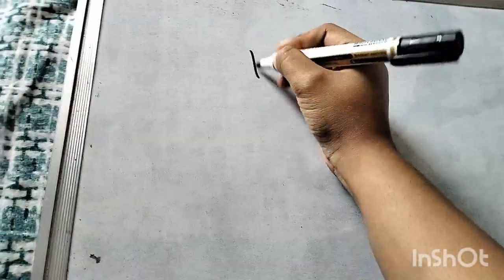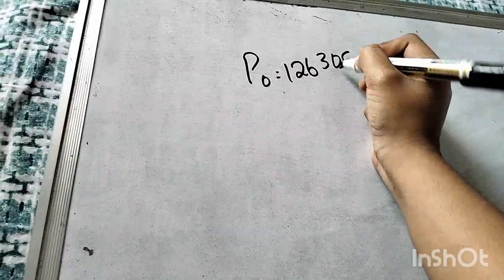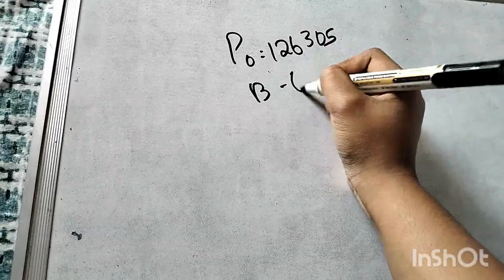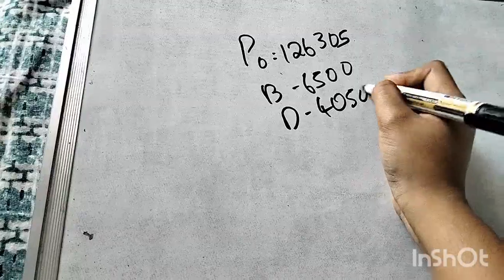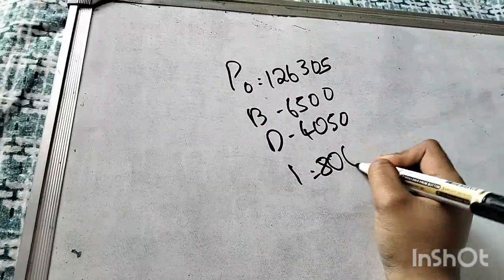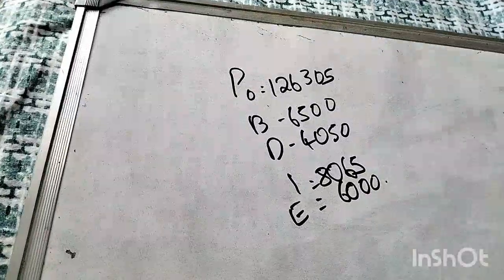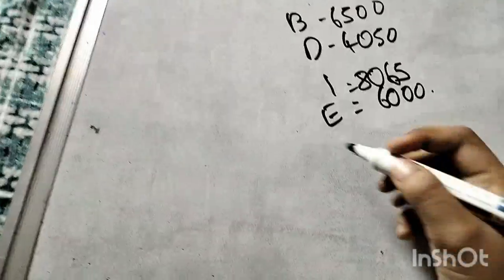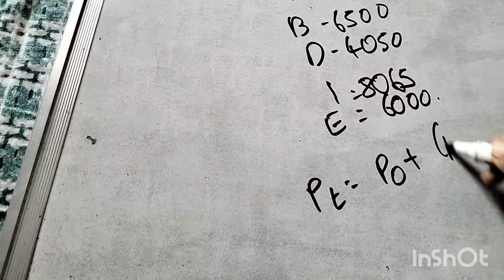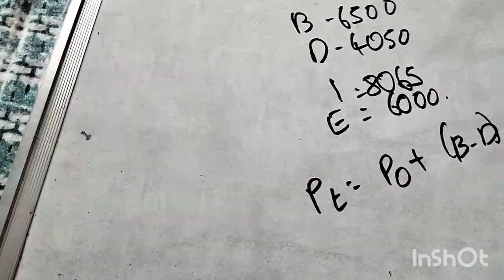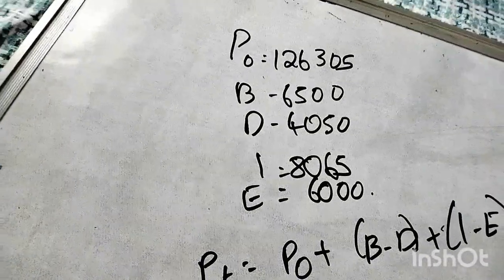So if in a question they have given P naught is 126305, birth is 6500, death is 4050, immigrants is 8065, and emigrants is 6000, you will write PT is equal to P naught plus birth minus death plus immigrants minus emigrants.